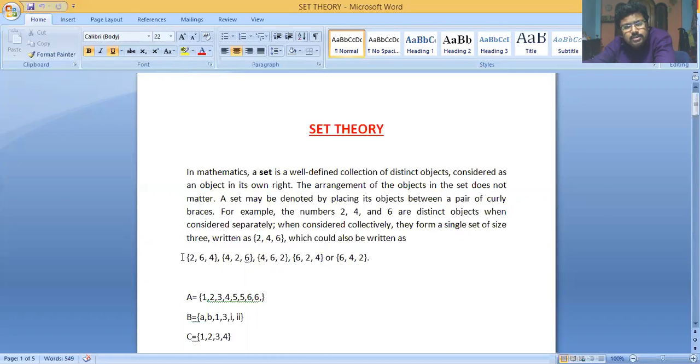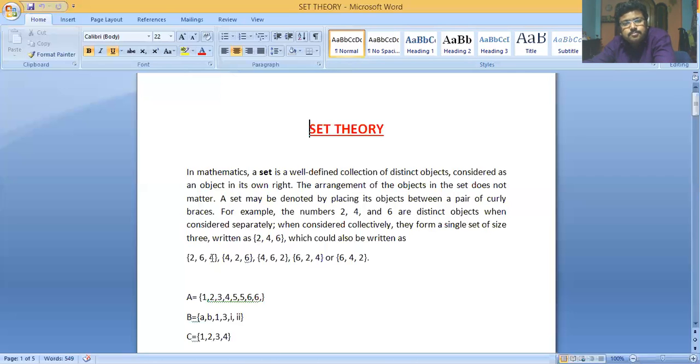You can find these numbers within a bracket, and this curly bracket is used in the case of a set. To represent a set, this bracket should be used.